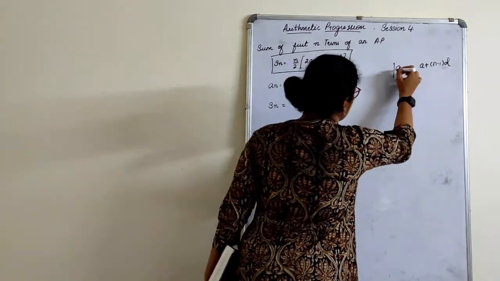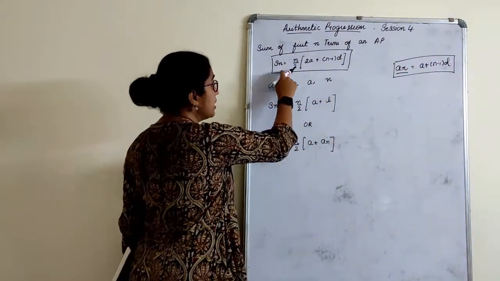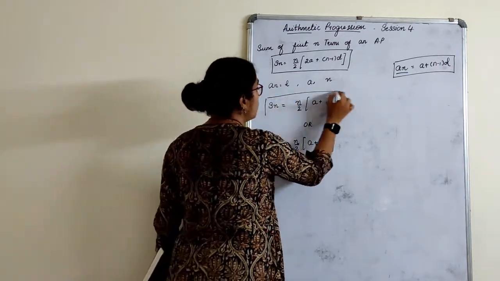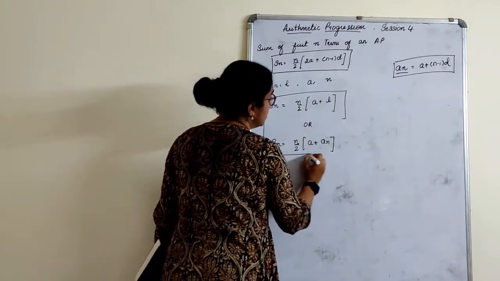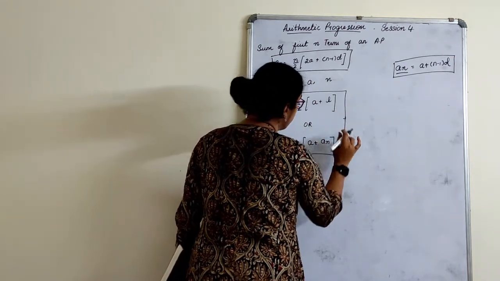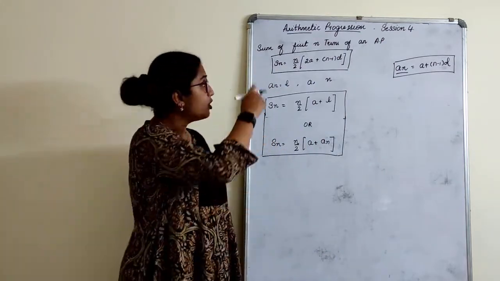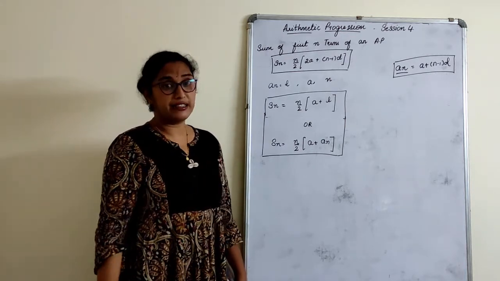So this is the first foremost formula we have done in the previous sessions, the formula for the sum of n terms. When the first term and the last term of an AP are given, the sum of n terms is found using this second formula. We can also use the bigger formula there. The answer will be the same, but we can find it easily.